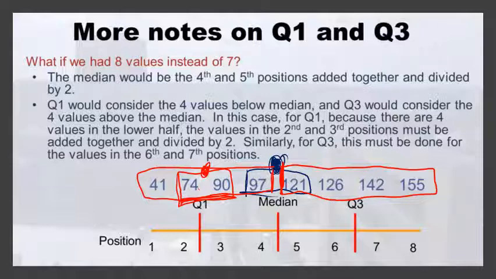We have to find the median here, and oh, haha, we have to take another average because this is an even number of data. So the median is whatever you get when you add 126 plus 142 and divide by 2. And pretend it's right here. That is how it would work when you have 8 values.